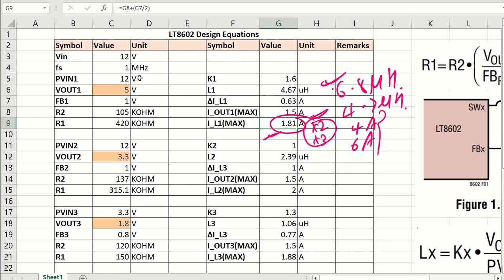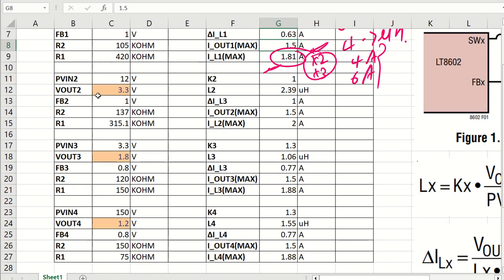So this is the process that we have calculated for our V output 1 of 5 volt plus 1.5 ampere rating. Okay. Similar to that, for PV in 2, I have the input 12 volt itself and V output is 3.3, and coming back to FB pin is 1. So let us say we are going to have R2 as 137 kilo ohm, then R1 will be calculated to be 315 kilo ohm, that is taken to be 316 kilo ohm.